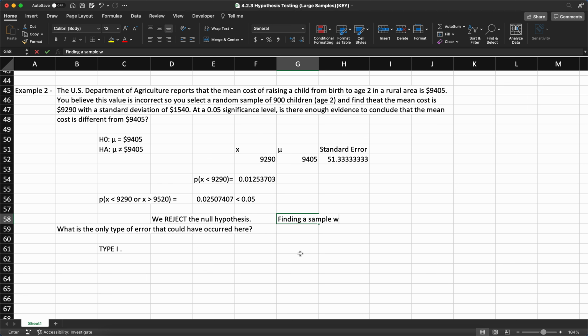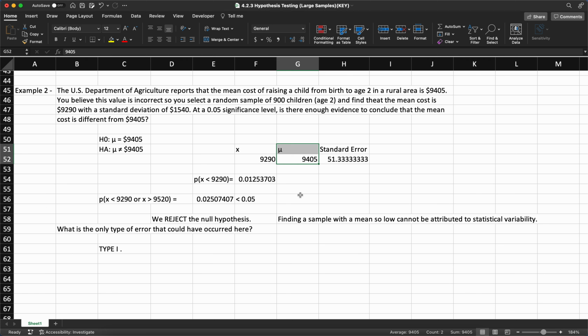finding a sample with a mean so low cannot be attributed to statistical variability. So it has nothing to do with the fact that data varies, because if we were to take 900 children and do this whole process several times, the mean of that sample should never really fall this far away from the mean of the population if that population mean was indeed the population mean.